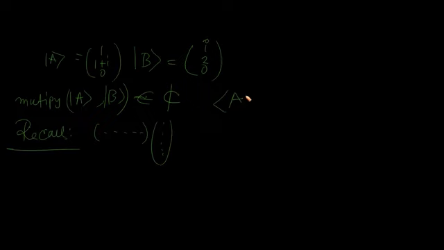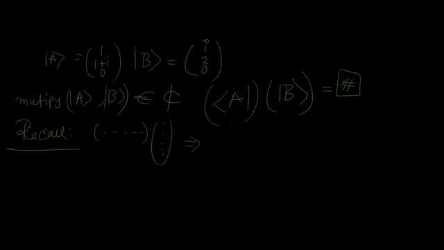One is like this: I take the bra and I take what is similar to a dot product. In fact, it has a name of its own, called the inner product, but let's talk about that later. I first take this bra vector A and the ket vector B, and I want to have a number here.